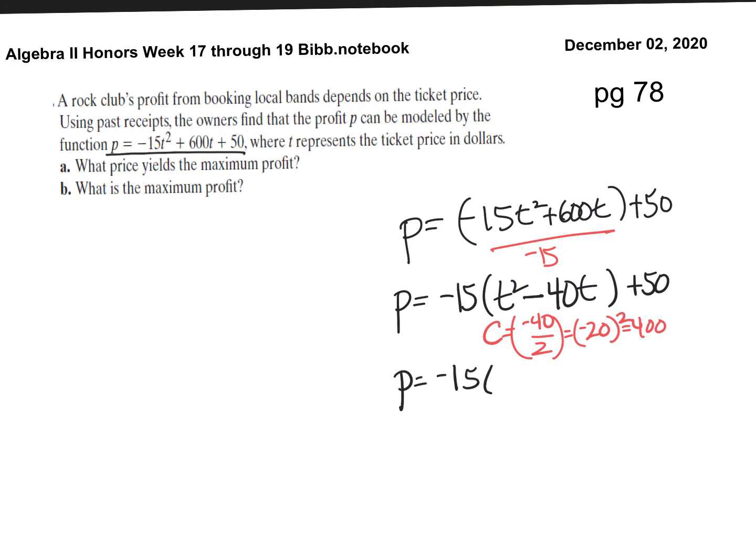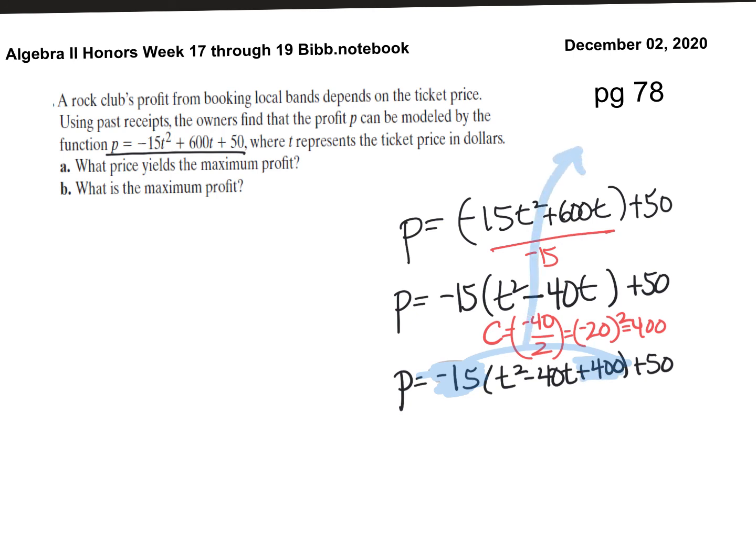Negative 15 times t squared minus 40t plus 400, plus 50. Multiply the number on the outside with the number we just added inside.